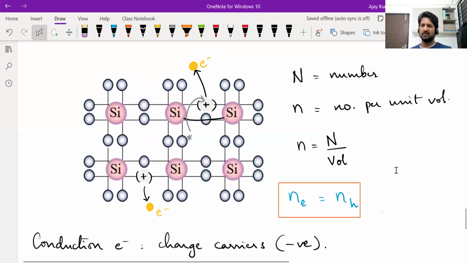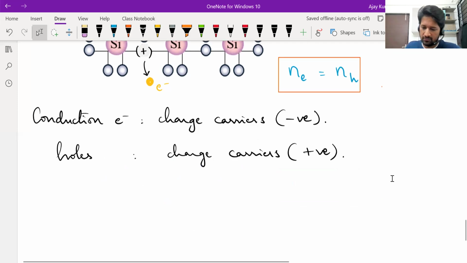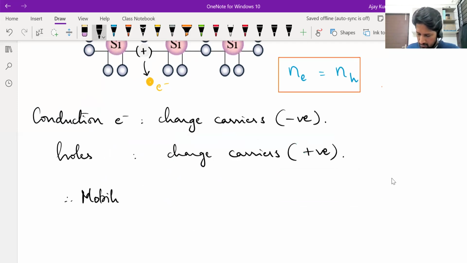And it's obvious, no, conduction electron can move on its own. They will be moving around. Hole cannot move on its own. A surrounding electron has to come and take its place, then only hole will shift. Okay, so which is free to move? Conduction electrons are more free to move. Okay, therefore, mobility of conduction electrons is greater than the mobility of holes.